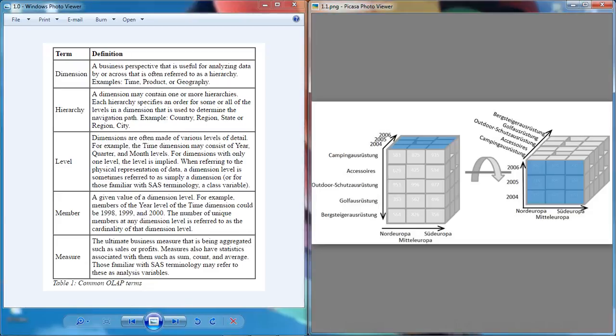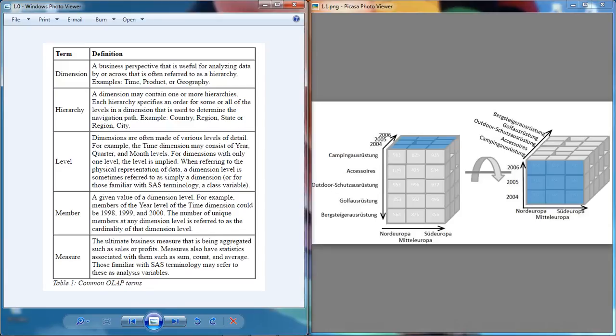On the right side, there is a photograph that shows how dimensions are arranged. This is the main fact table, and there are many dimensions from which we can get further information. We do not need all the items for analyzing.